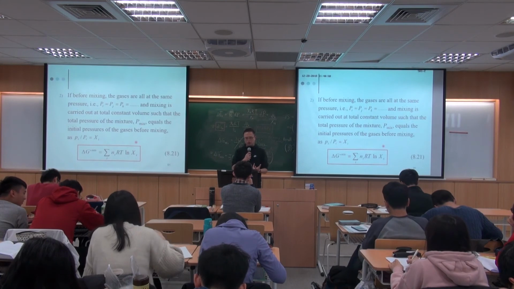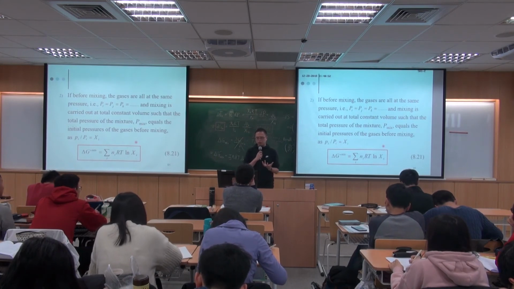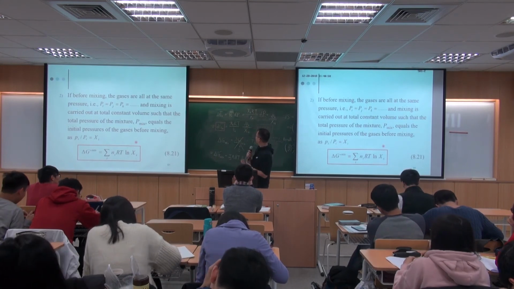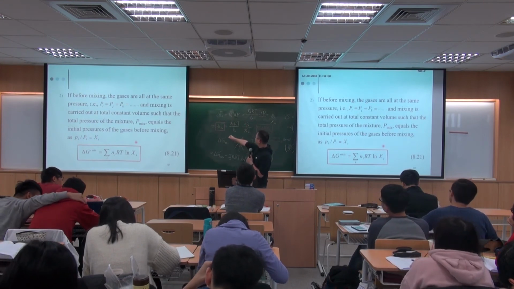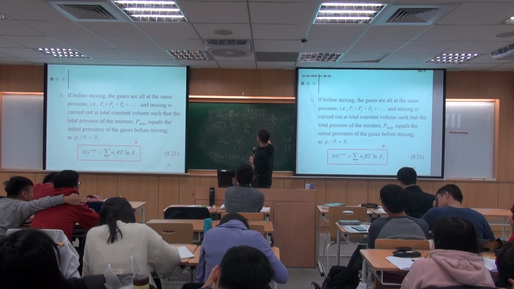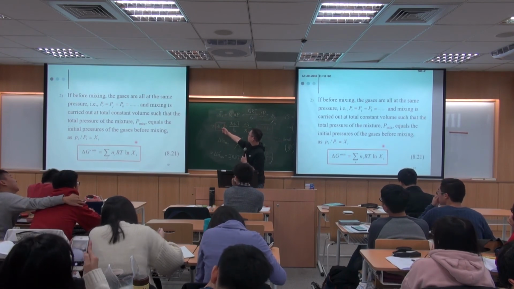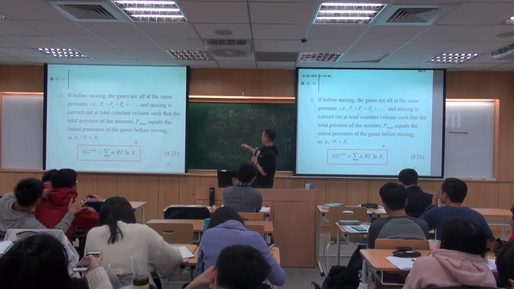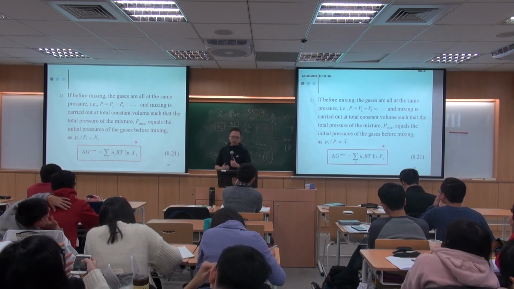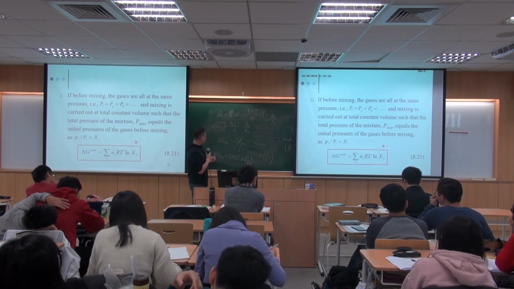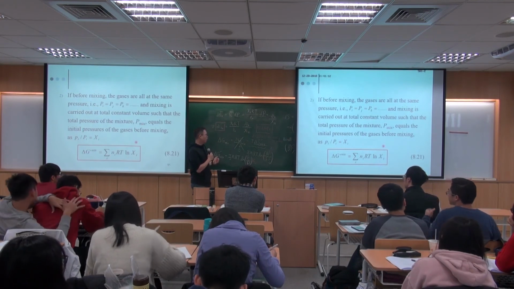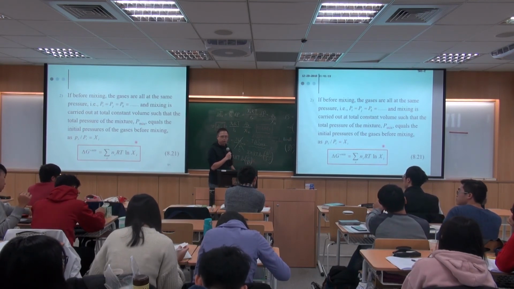Again, this is also a very common expression that you will see later, maybe next semester, and also similar to this one, like dG_A bar is RT d log P_A, and delta G mix. For mixing, if you consider the evolution of the whole system, you want to calculate this, and that is related to the mole fraction actually.